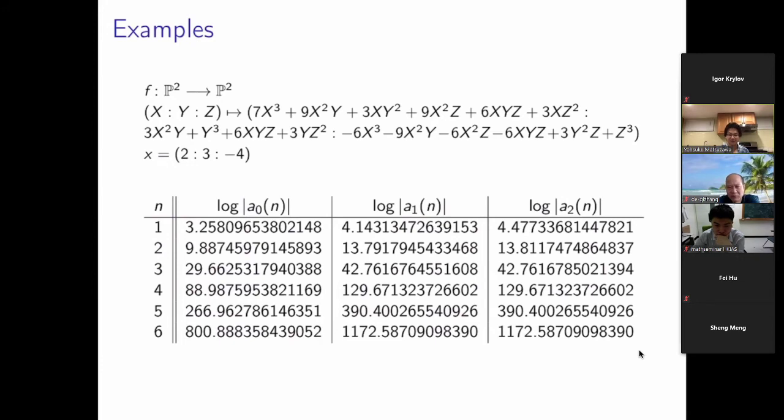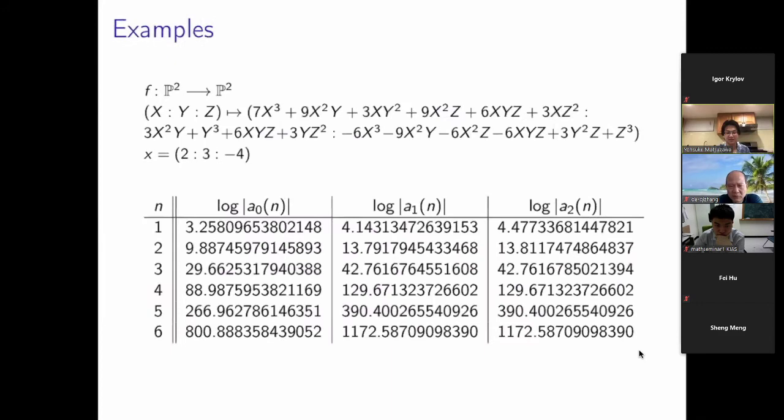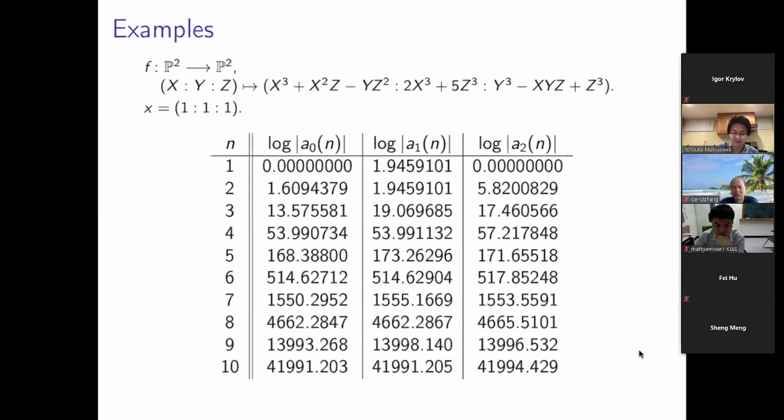Let me go back. That map F satisfies the assumption of this part, but doesn't satisfy this part, so this coordinate grows more slowly than the second and third coordinates. And this is a really random map. I constructed this map randomly, and let's look at the orbit of the point (1, 1, 1).